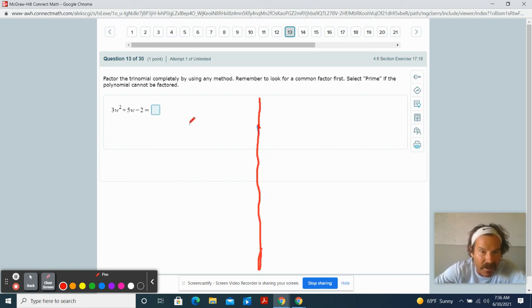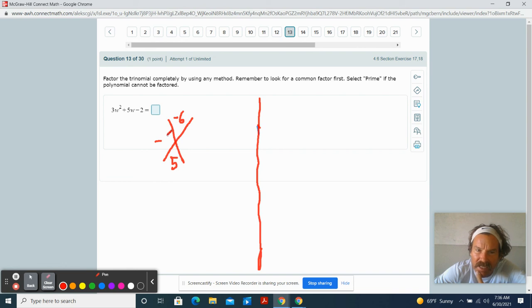The diamond method. 3 times -2 is -6, and the middle number is 5. We need numbers that multiply to get -6 and add to get 5. It can't be 2 and 3, because 2 and 3 multiply to get 6.